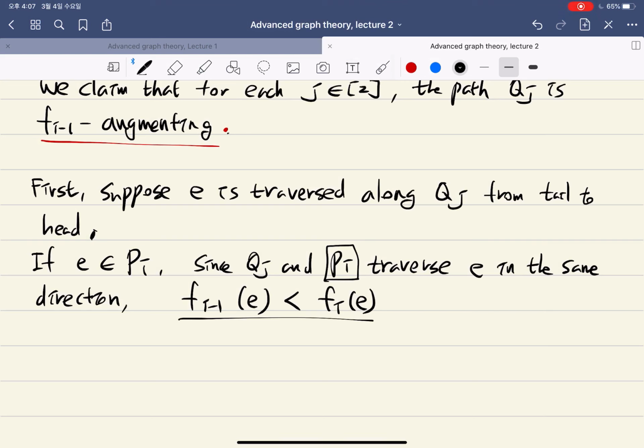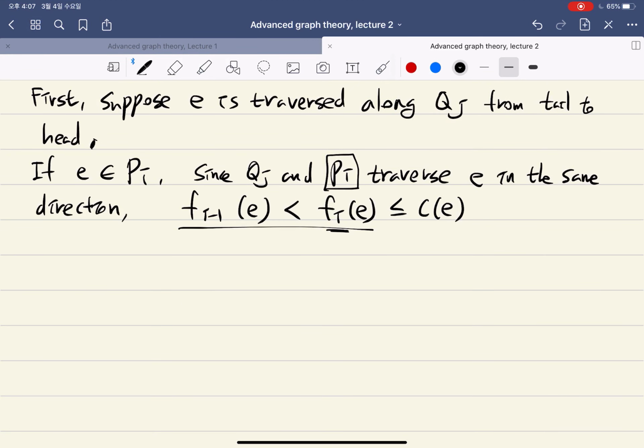Once we augment pi to get fi, the value of e increases. And at that time, what we get is a feasible flow. So this number is at most the capacity of e. So we have that in f sub i minus 1, its value is strictly smaller than capacity.